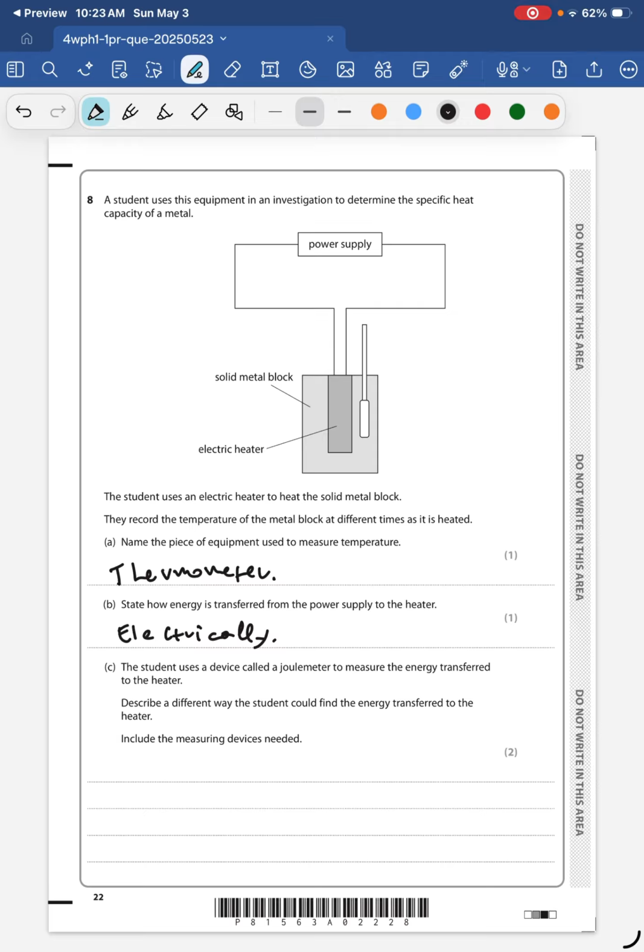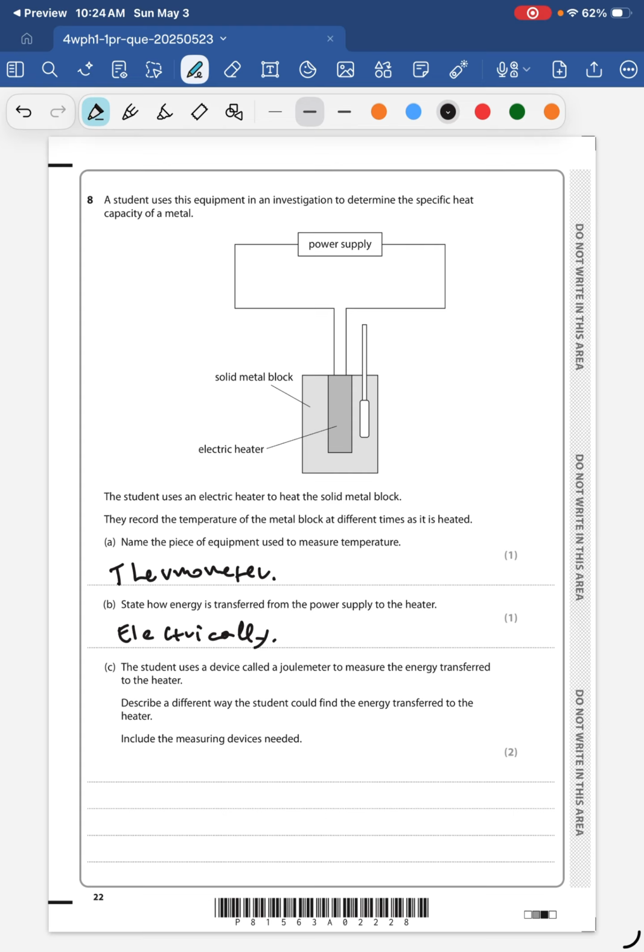So let's move on to part C. The student uses a device called a joule meter to measure the energy transferred to the heater. Describe a different way the student could find the energy transfer to the heater. Include the measuring devices needed.